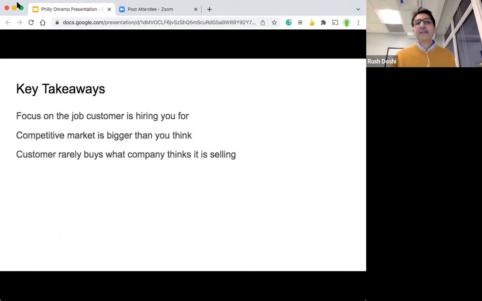So I think the key takeaways from this framework are to focus on the job that the customer is hiring you for, and to do that, it requires really going in and understanding what the customer is going through and probing, right? It's also important to recognize that your competitors are not who you might think they are.